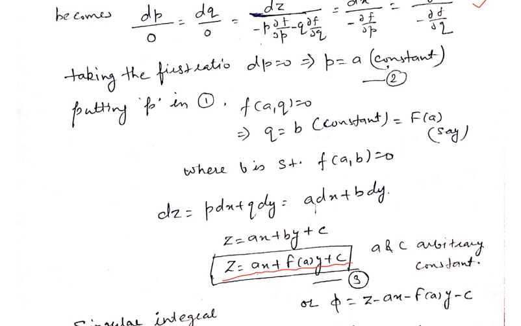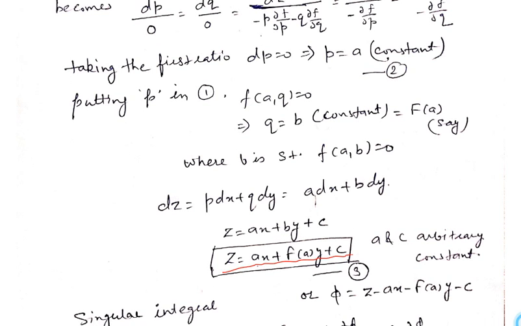After that, let's take p equals a, q equals b, and we can find the value of b from the given equation, function of p, q equals 0, and c is an arbitrary constant. So the complete solution is always in the form z equals ax plus by plus c. So if the given equation is in terms of p and q, we can directly write its solution, that is z equals ax plus by plus c, without any calculation.